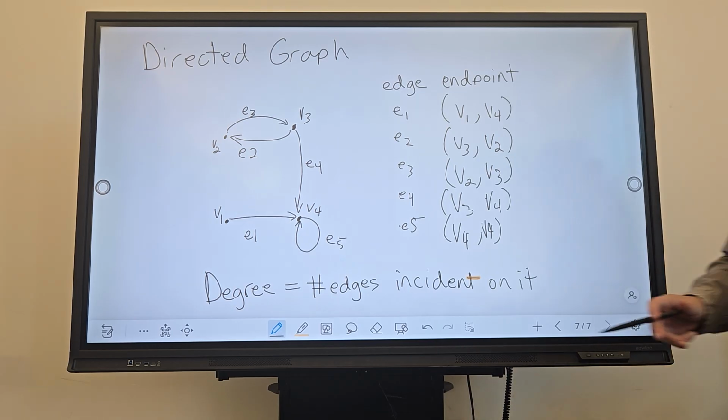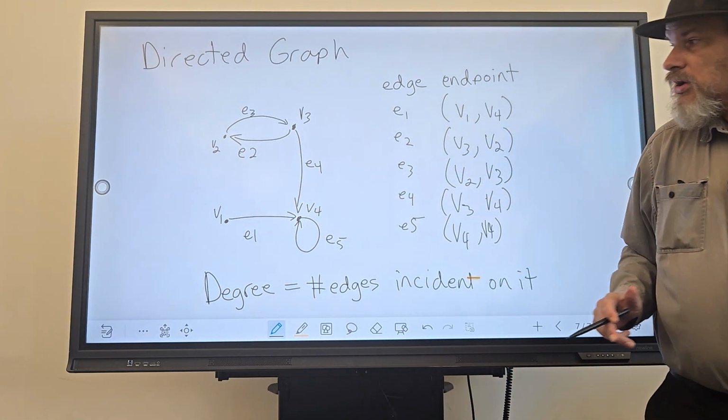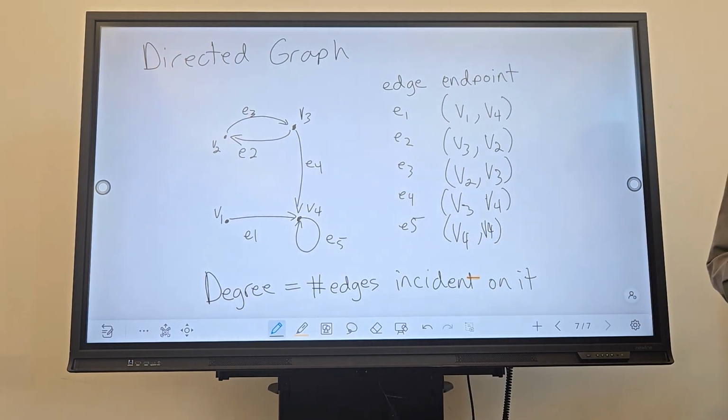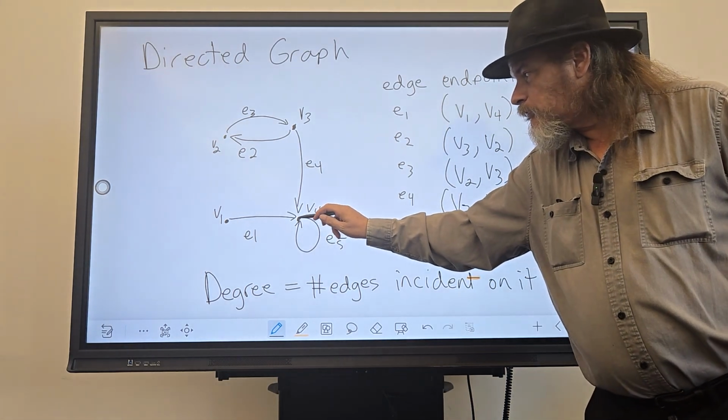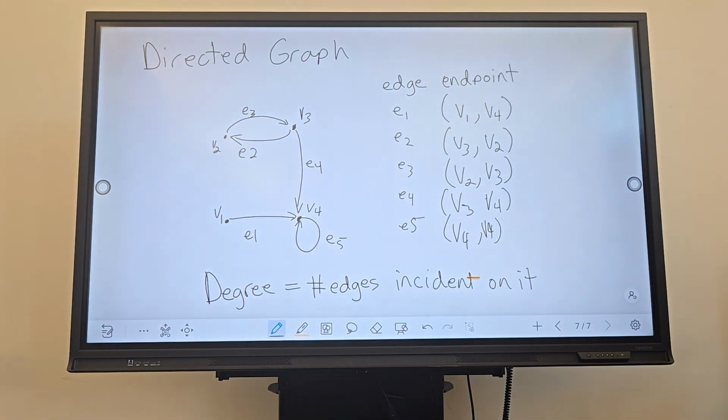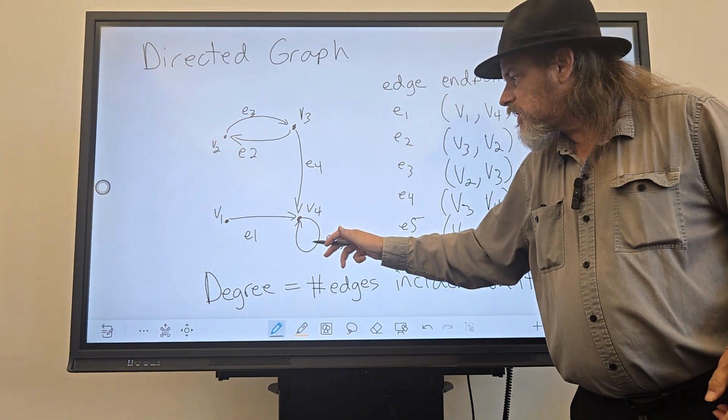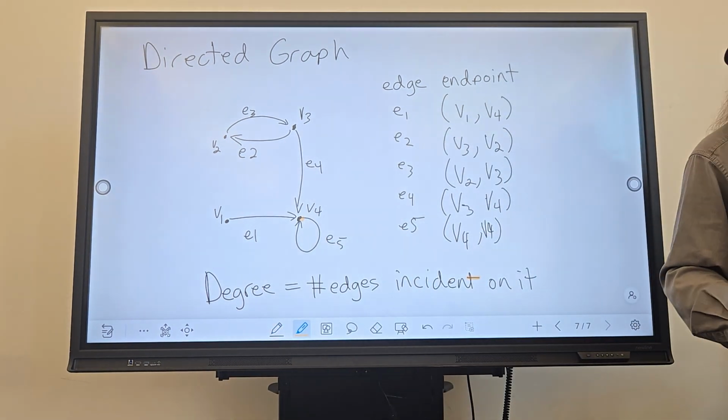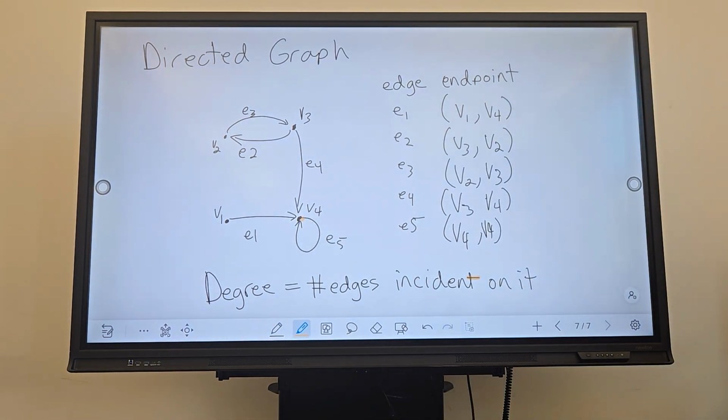Okay, V4? 3, because of the loop. Actually, loops are counted twice, so that would be 4. 1, 2, 3, 4. V3 would have a degree of 3, and V2 would have a degree of 2.